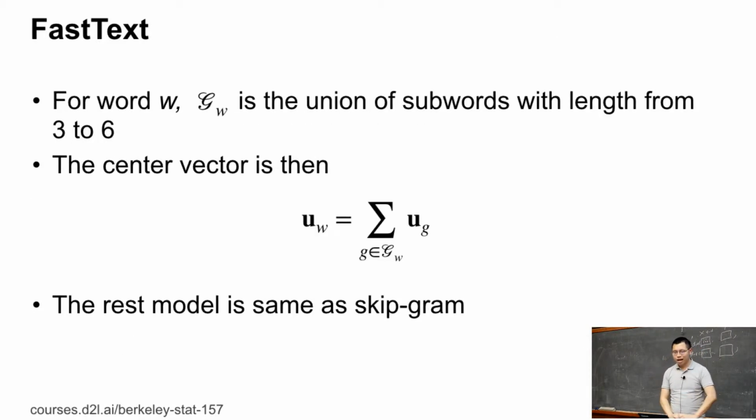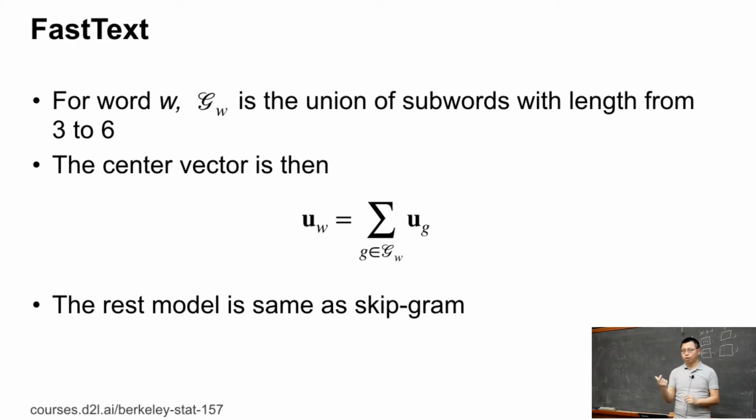So what it's exactly doing is, given the word W, we compute G_W, which is a union of the subsequences of the word with length from 3 to 6. For each word, we get all these 3-grams, 4-grams, 5-grams, 6-grams, and make a union set denoted by G_W.